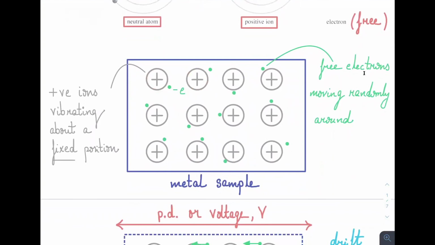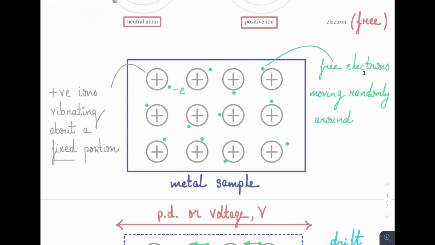Okay, so these gray circles with positive sign are showing the positive ions vibrating about a fixed position. Then, obviously, there are the negatively charged free electrons, which here are shown by the green spots, wandering randomly between them. Of course, overall, the metal is neutral.